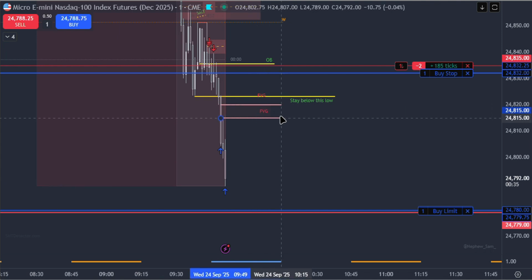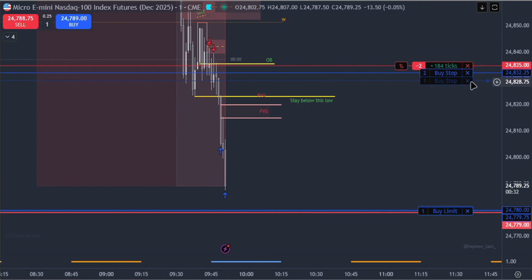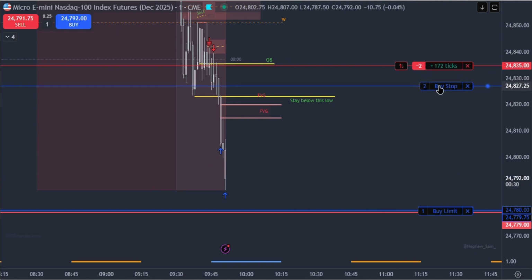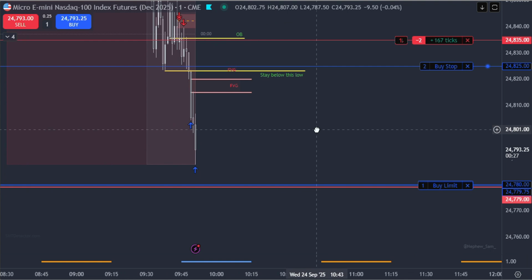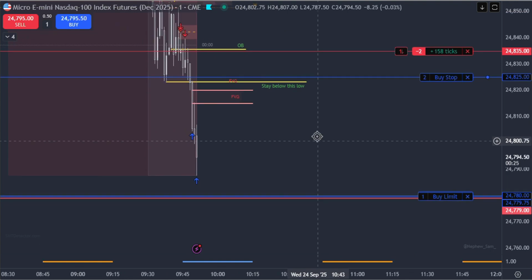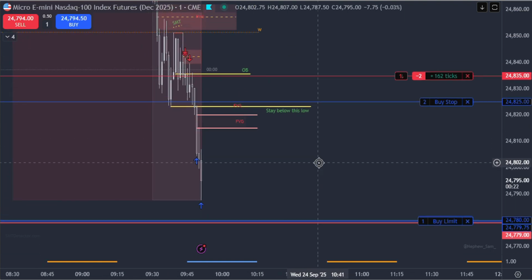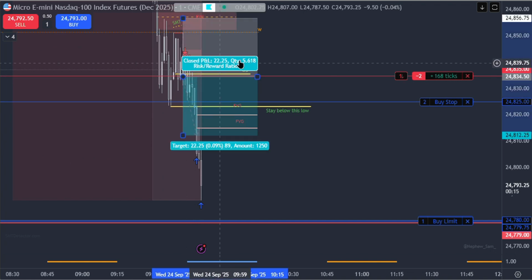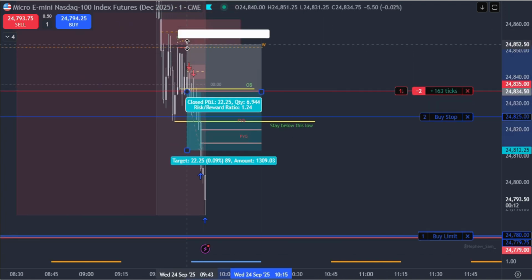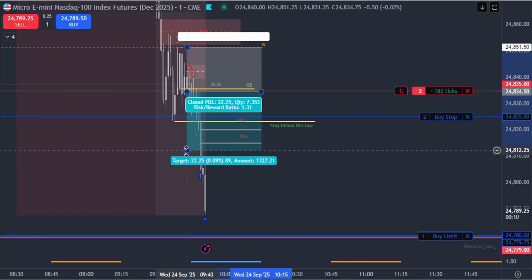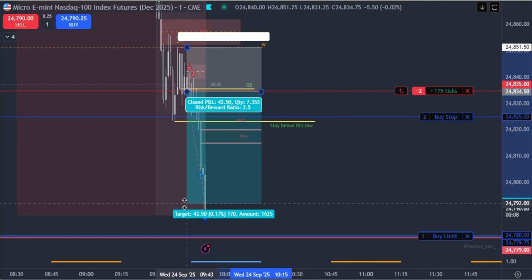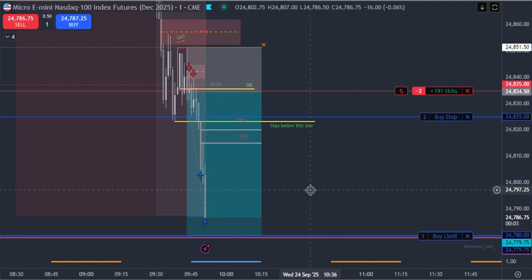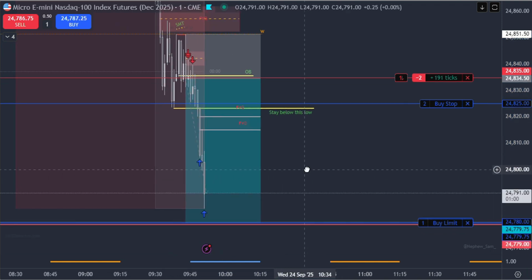All right, there you go. We took another partial. So now we want to move our stop loss a little bit. It should go straight to TP. Our stop was at this SMT high. So we already have a 2-hour trade at least, risk to reward. And these are low resistance liquidity runs.